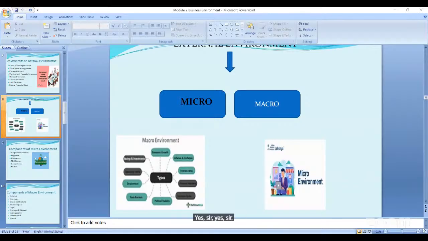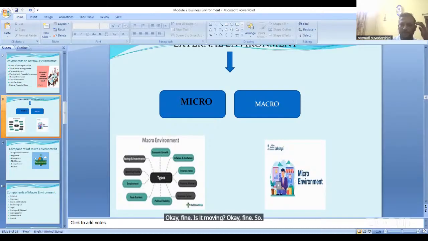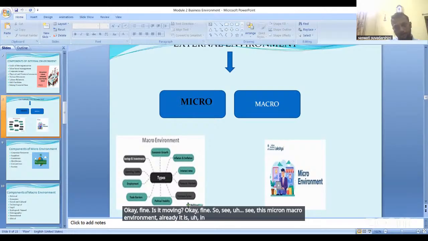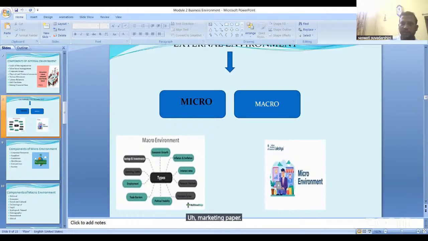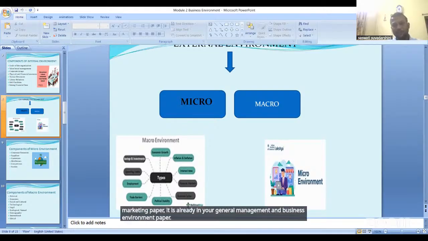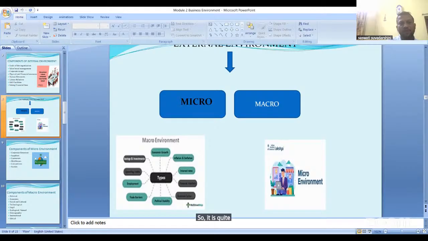Yes, sir. Okay, fine. So see this micro and macro environment, it is already in your marketing paper. It is already in your general management business environment paper. So it is quite comfortable for everybody to understand. So how this business, we are focusing on this micro aspect.